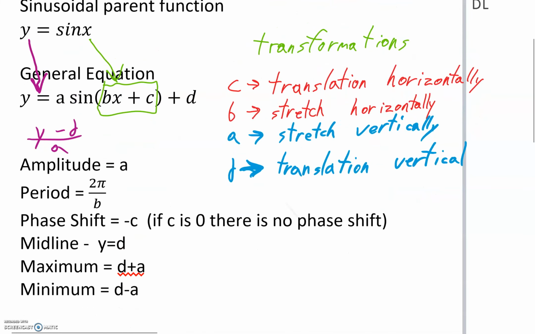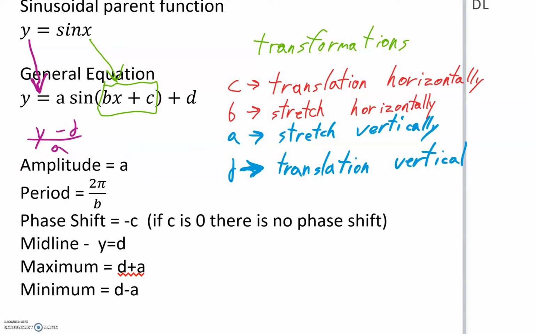Here are what I'm going to call formulas, but they're not really formulas, the things that relate to each other. Amplitude is a. If we look at the sine function as we talked about in the last two topics, the amplitude is given by a from our general equation.